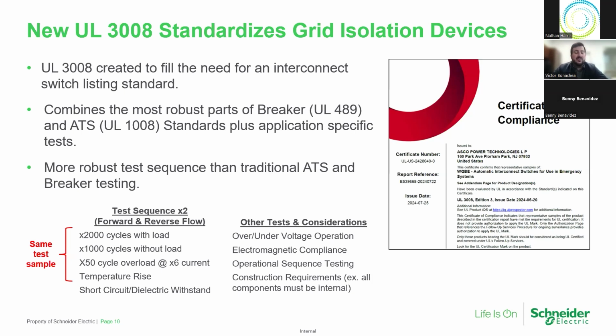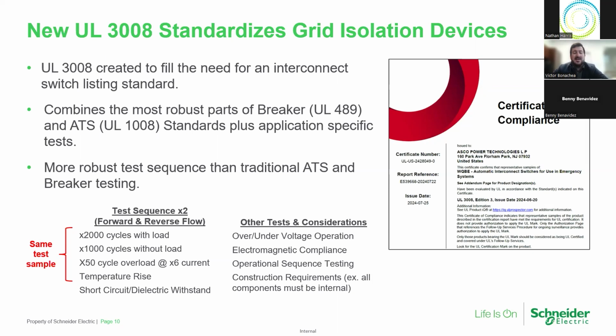So at the end of the day, UL 1008 qualification for electrical performance is much more difficult to pass than a circuit breaker UL 489 because you have to pass all those tests on the same device, basically, instead of using a brand new device for each test independently.